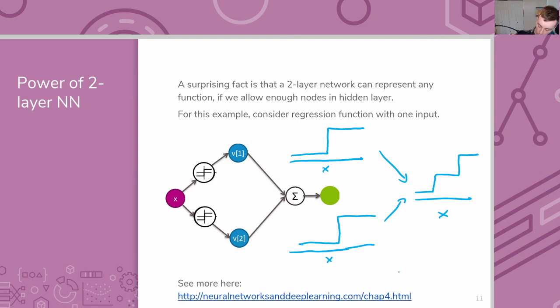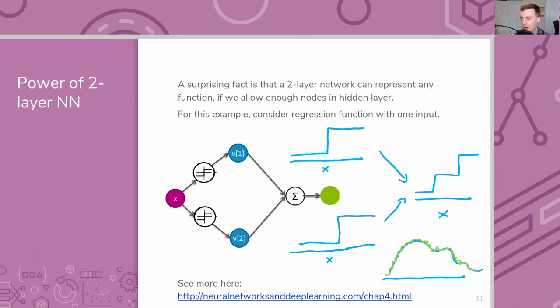In general, with more and more neurons in your hidden layer, you could learn even very, very complex functions as just a combination of many, many steps.